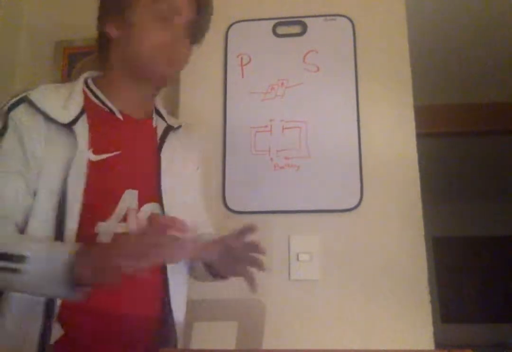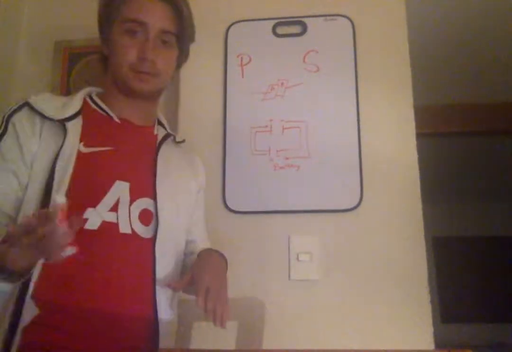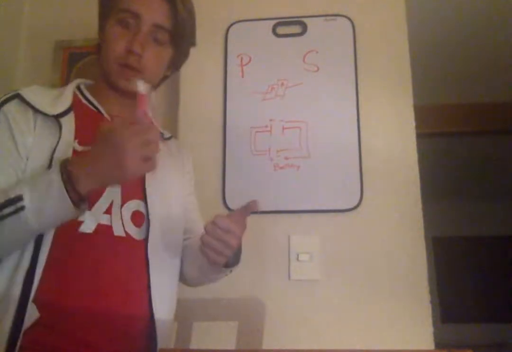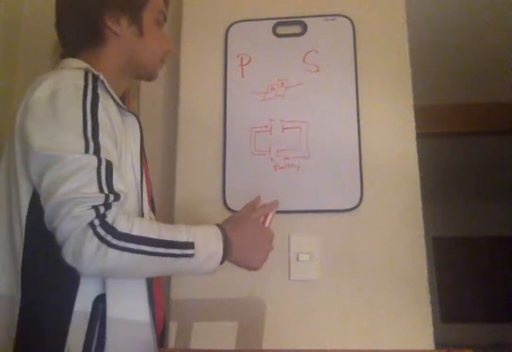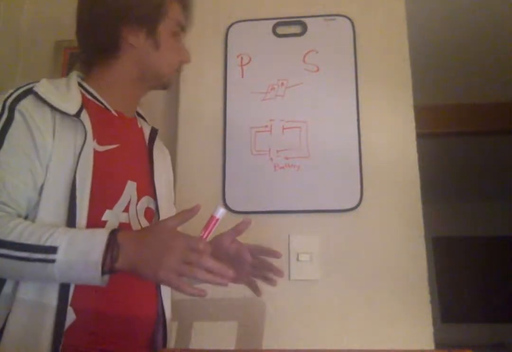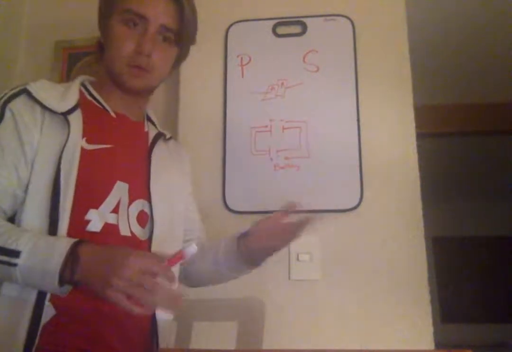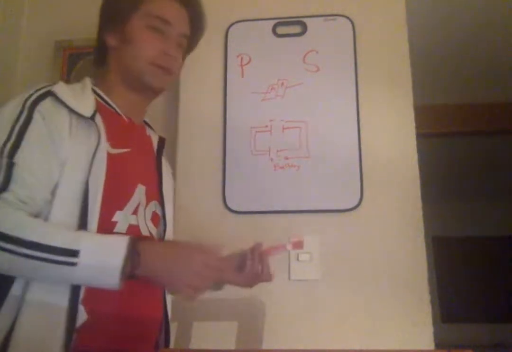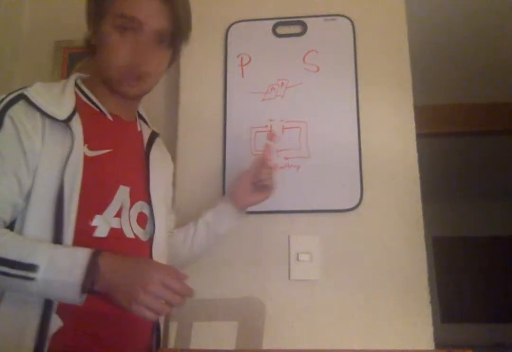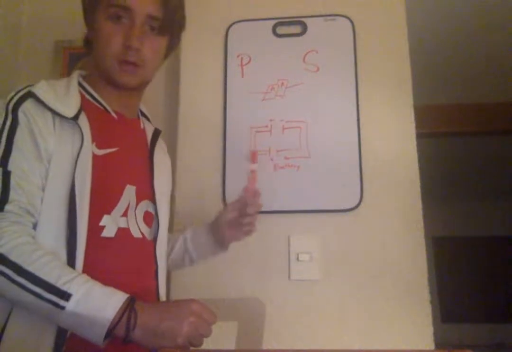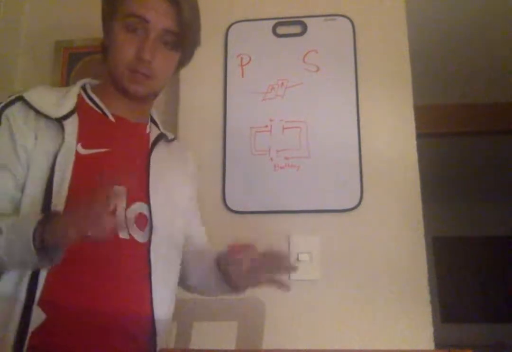So now we got that if we only have one capacitor and one battery, once the capacitor is full, you have the same amount of voltage in that capacitor as you have in the battery. It's basically the same thing.